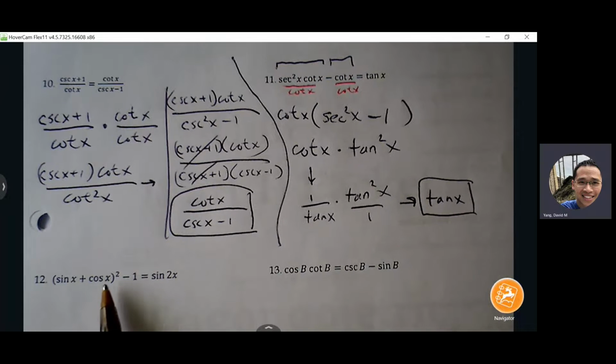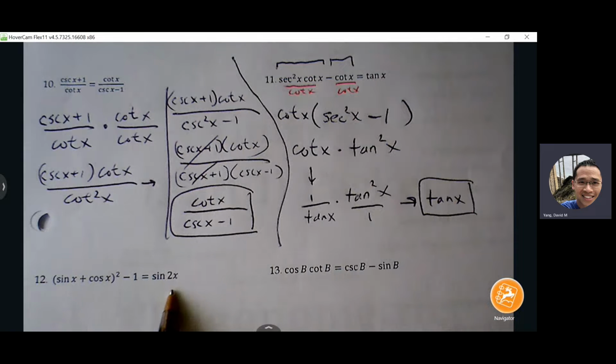Okay, I think 12 is easy. Just FOIL everything out, combine like terms, and eventually it'll turn into 2 sine x cosine x, which you can use double angle to get back in terms of sine 2x.